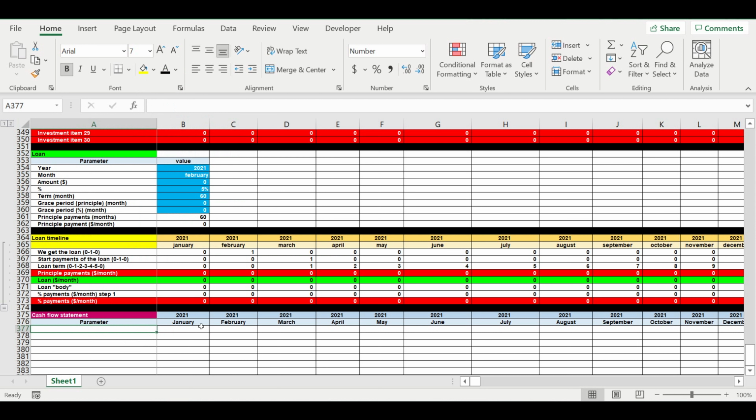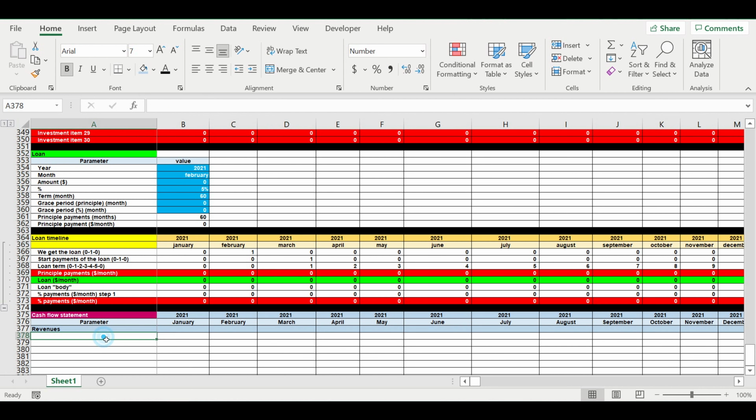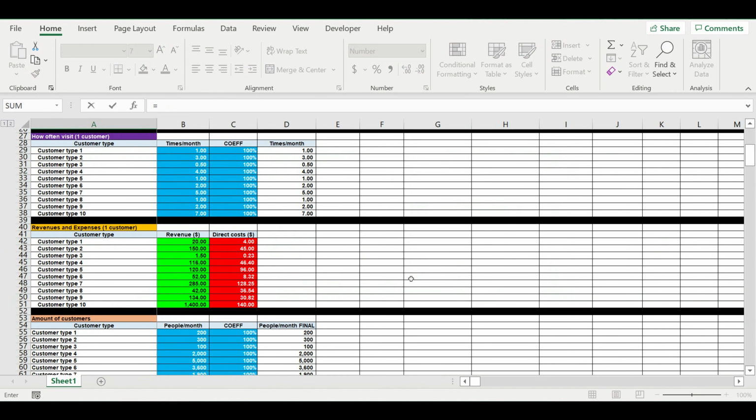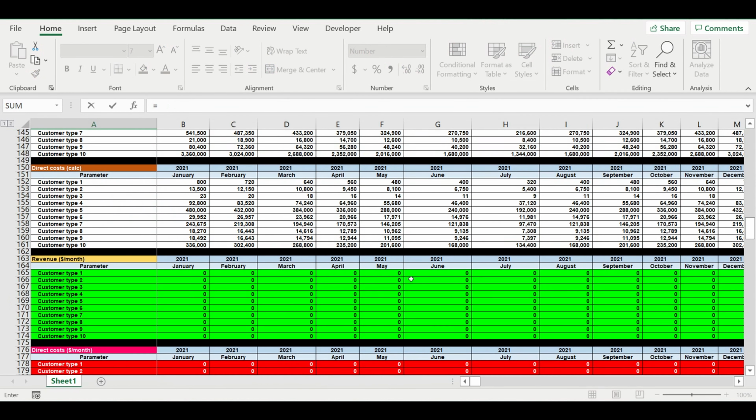Then we start with revenues. We go up to the top of our model and search for the revenues inside the timeline.